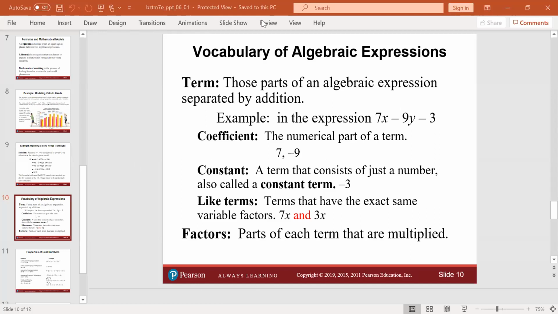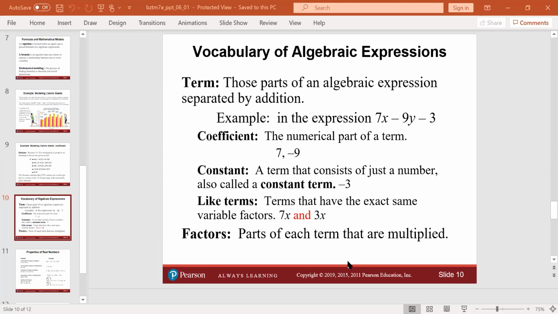Okay, so like we mentioned a second ago, we have coefficients, we have a constant term, and we have like terms. We got some good examples of what it really means to be like terms. The last thing we'll look at is factors.